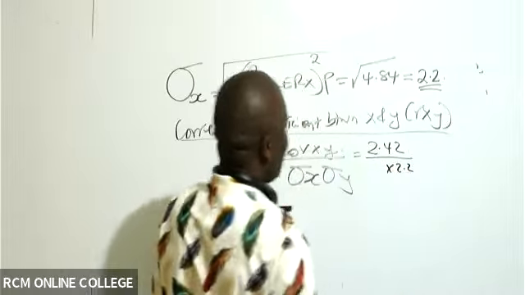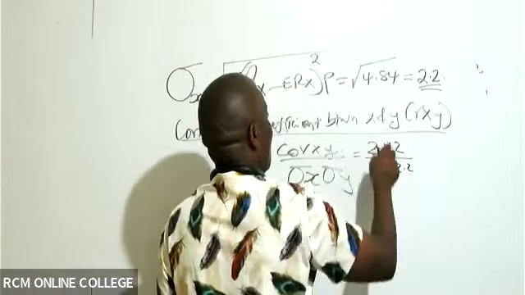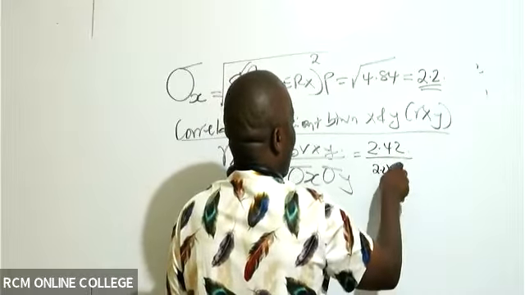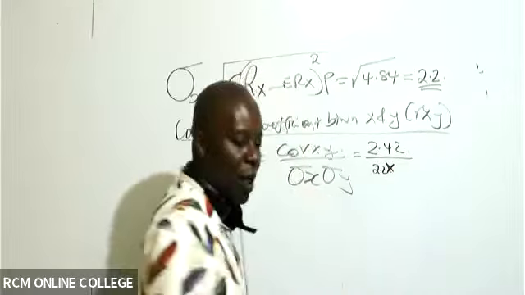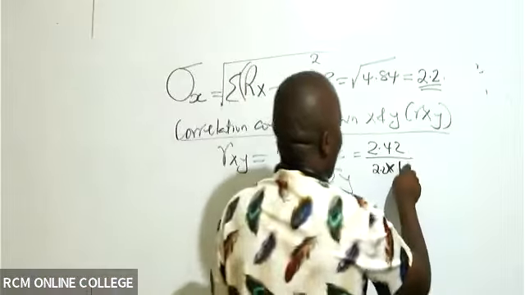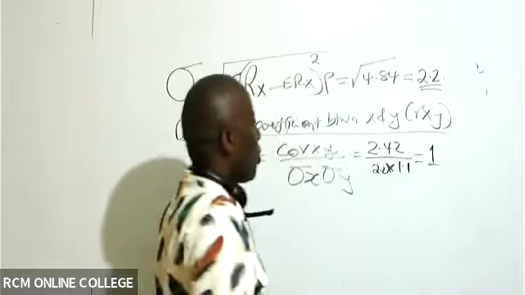No, 2.2 is X. How about standard deviation of Y? It's 1.2. So then this gives us exactly 1, if I'm not wrong.